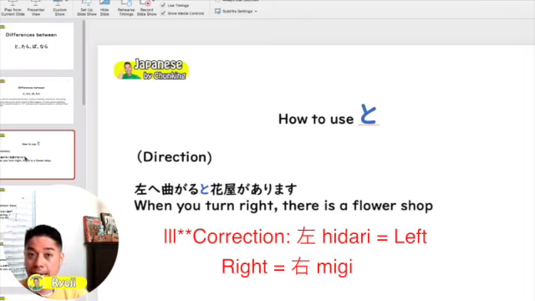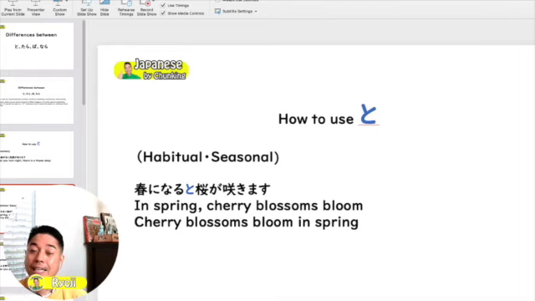So in this case, と is used when you give a direction. So when you turn there, there's a flower shop. 左へ曲がると花屋があります。Next use of と。You can use this for habitual things or seasonal things.